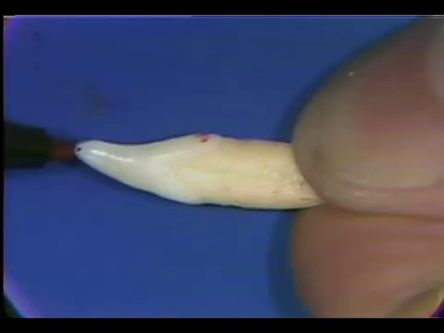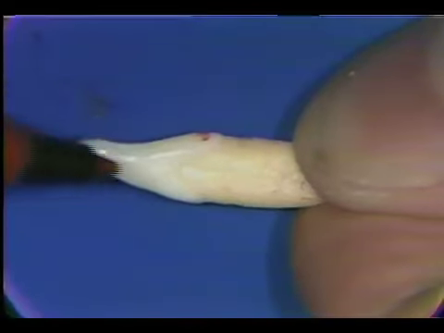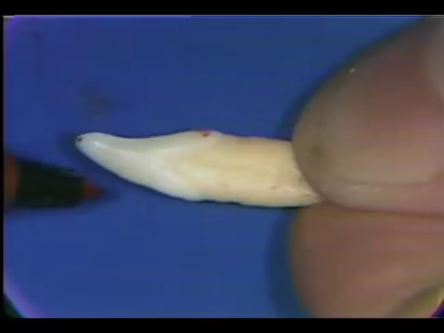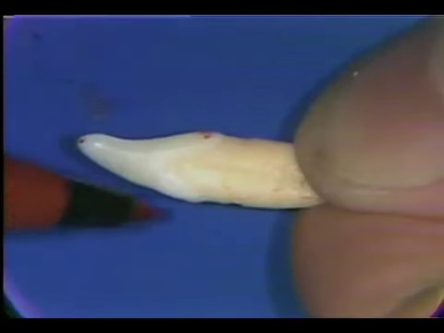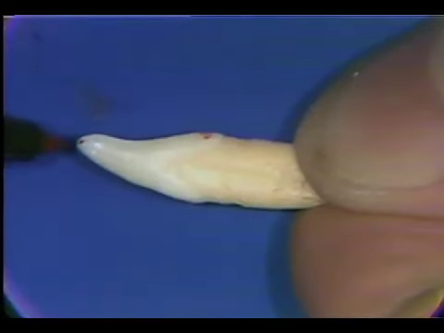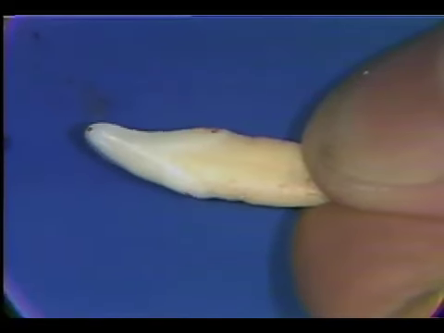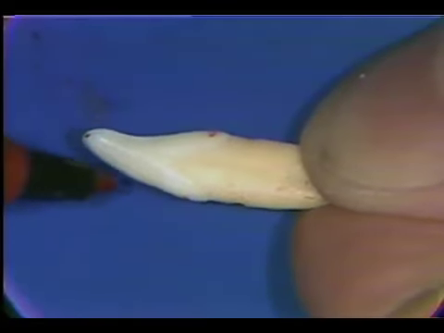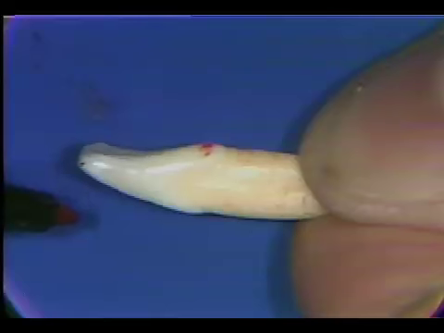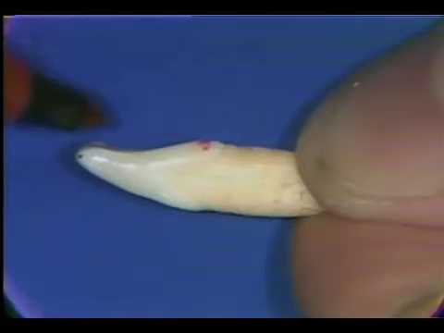Our incisal edge is still over the center of the root, quite centrally located, but we have a tendency to develop a flattened area from the height of contour up to the incisal edge, or possibly an incisal 2/3 of our central incisor. One of the characteristics of this is that it does have somewhat of a flattened incisal 2/3 on the labial surface. Of course, our lingual surface has got the usual concavity.